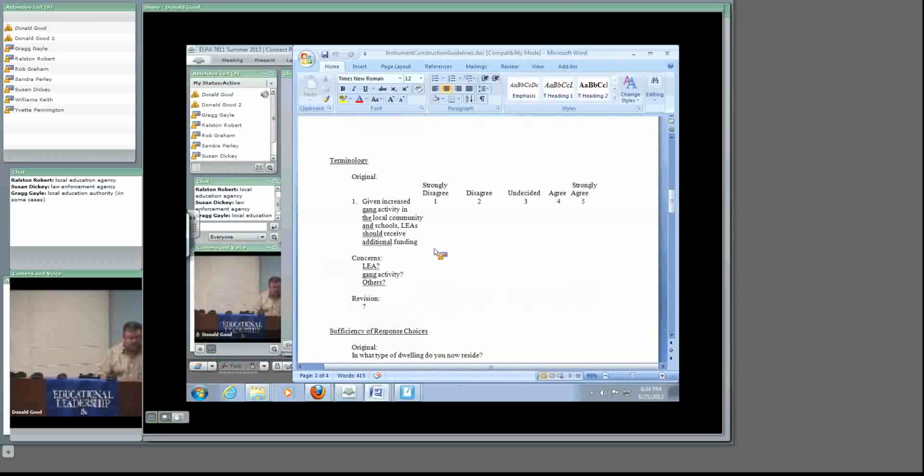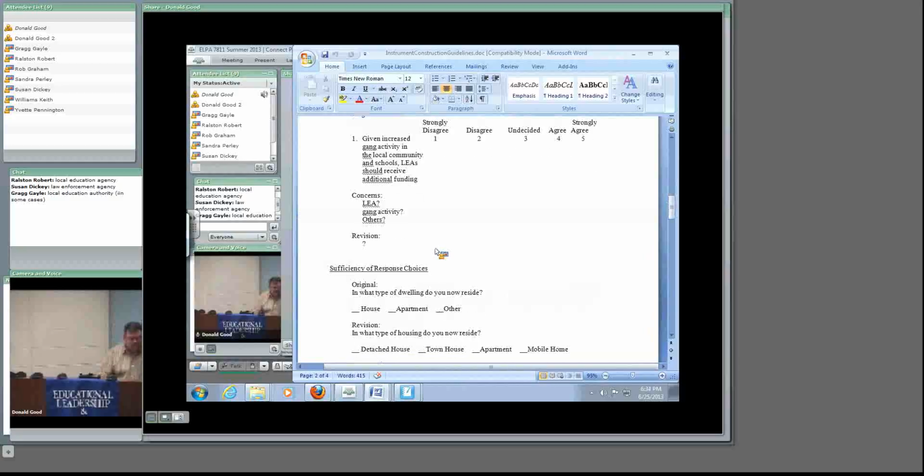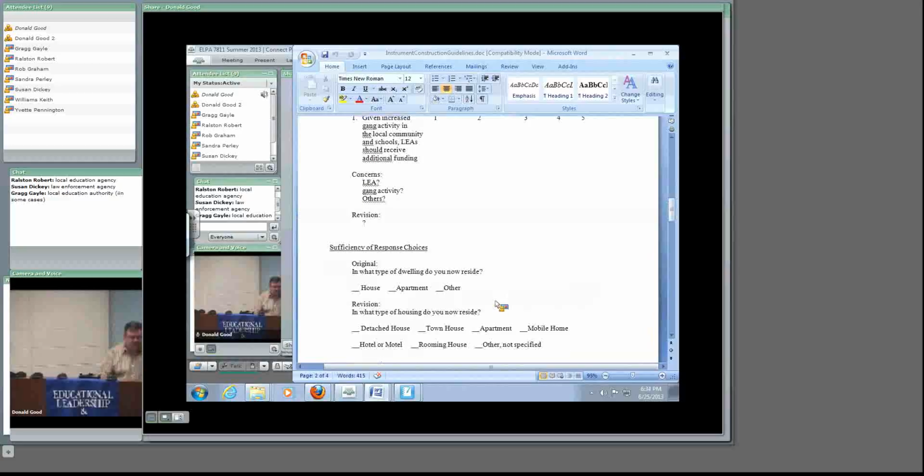Okay. Make sure you've got enough choices. So, let's say we ask, what type of dwelling do you now reside in? House, apartment, or other? Well, other kind of covers everything, but it's probably not specific enough. What if I add townhouse and mobile home, and maybe a hotel, motel, rooming house, or other that's not specified? What if someone's homeless?